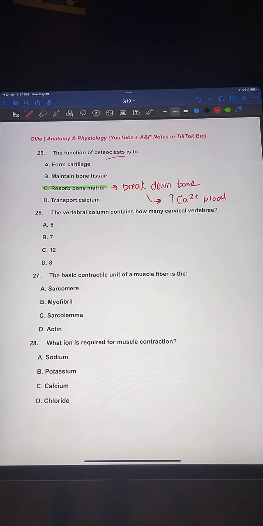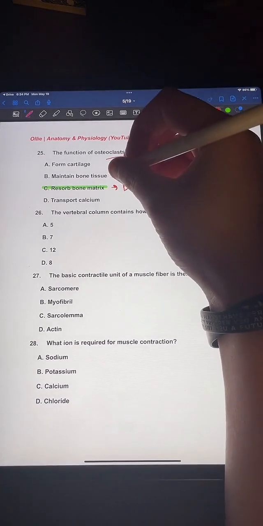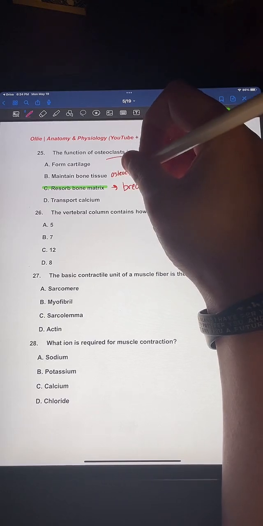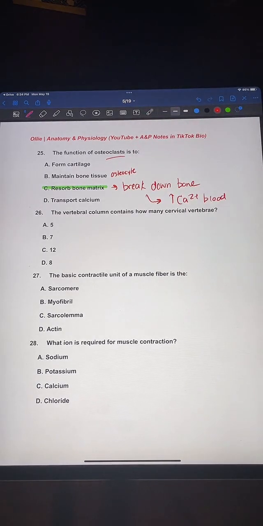Forming cartilage, that's chondrocytes. Maintaining bone tissue, that would be osteocytes. So when we're talking about maintaining it, that is the responsibility of an osteocyte. Transporting calcium is just done by the blood, through the mechanisms in the cardiovascular system that pump blood. And then bone formation, again, is osteoblast.